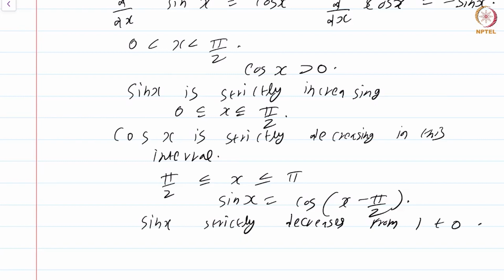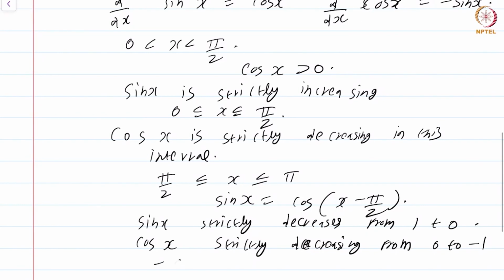Whereas cos x is strictly decreasing from 0 to minus 1, because the derivative is minus sine x, which will be less than 0 in this interval, which is what we have established right now.